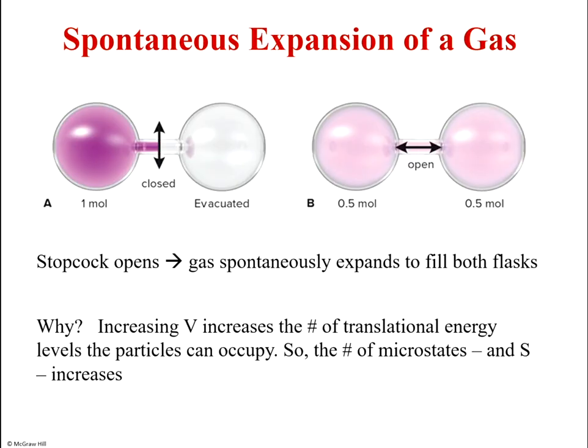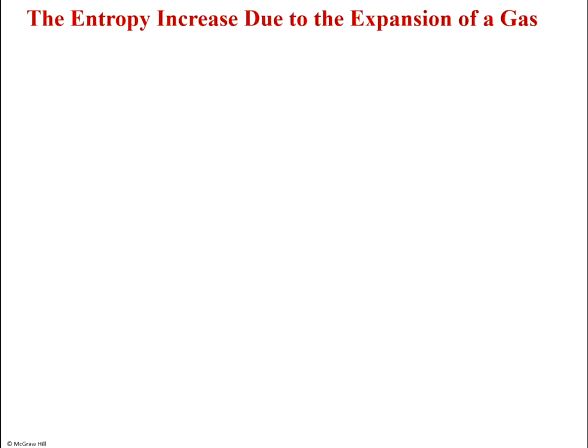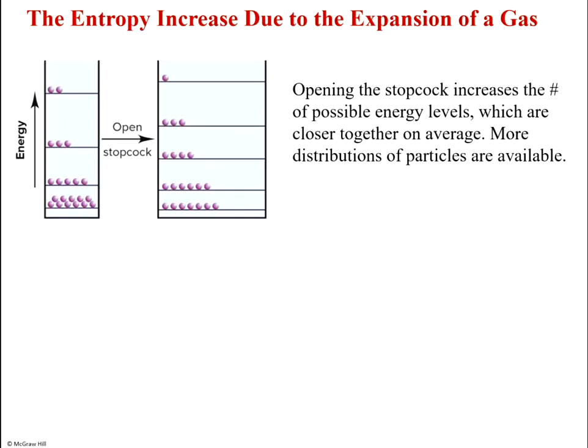Why does this occur? Well, increasing the volume increases the number of translational energy levels the particles can occupy. So the number of microstates and entropy correspondingly increases. We can look at this with a simple energy level diagram.